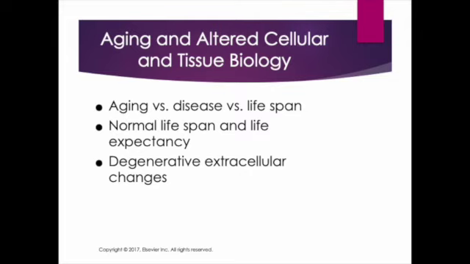The normal lifespan is determined by genetic factors and environmental influences, and it can be increased due to advancements in healthcare, nutrition, and living conditions, but it can also be decreased due to degenerative extracellular changes that can happen. With aging, extracellular environmental changes can cause degenerative changes that contribute to overall tissue dysfunction.